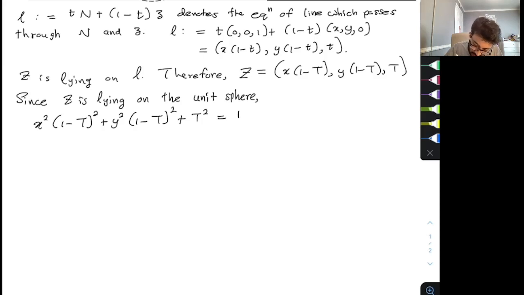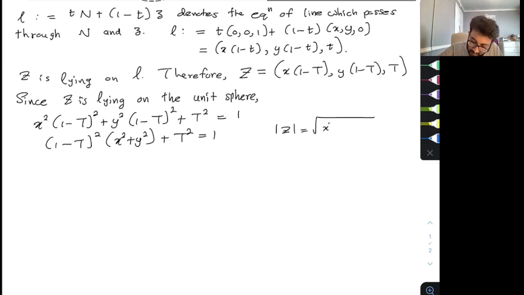Then from these two terms I can take (1 minus T) squared out, then I'll get (x squared plus y squared)(1 minus T) squared plus T squared equals 1, and I know that (x, y) is my complex number z. Therefore I know that the magnitude of the complex number is the square root of x squared plus y squared. Therefore I can have the modulus of z squared here.